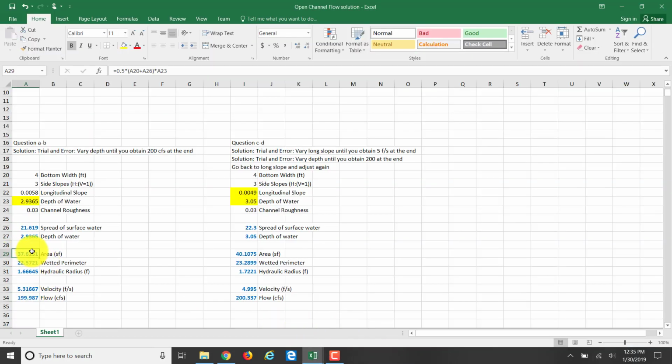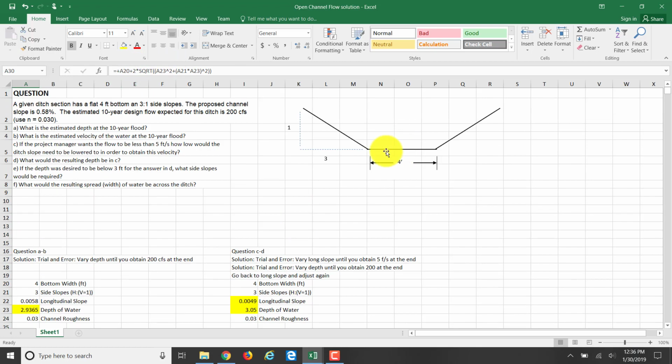So that is 1/2. Here's my 2 bases. A 20 is, again, the bottom width of the channel. This is the spread of it. And times the height of the trapezoid, or the depth of the water, gives me my area of flow. My wetted perimeter, again, is the bottom of the channel. Then I have 2 sides over here.